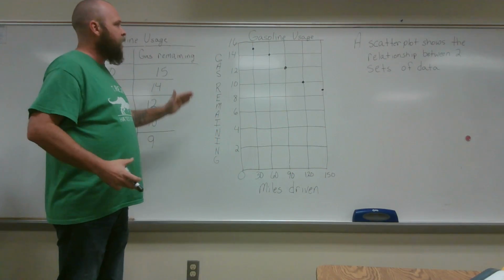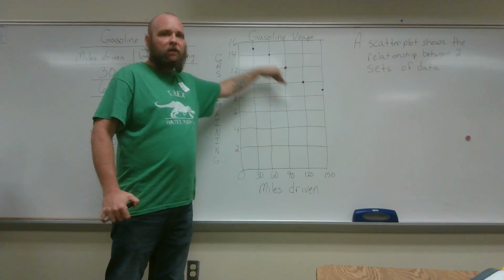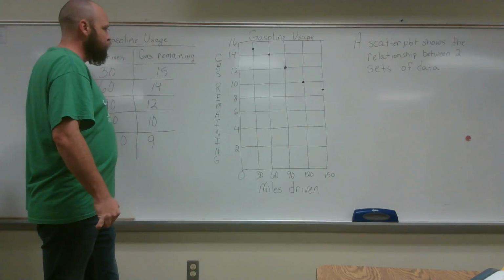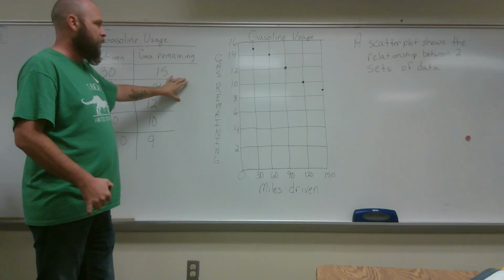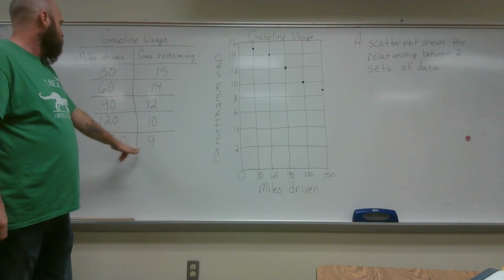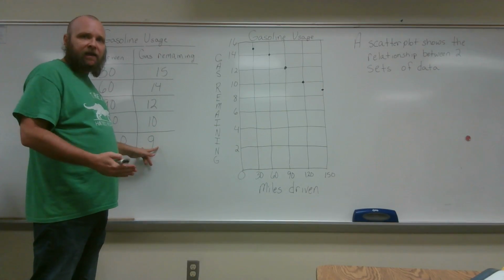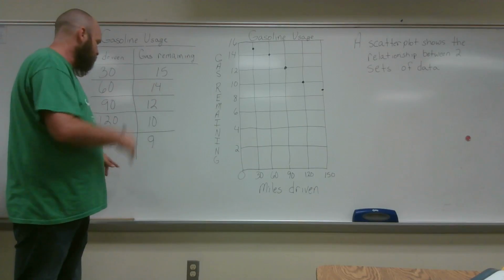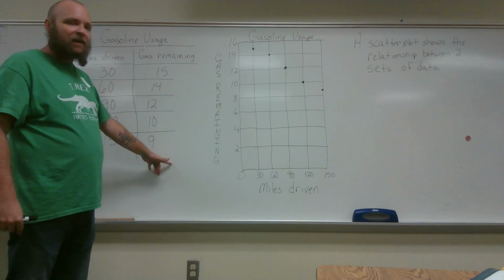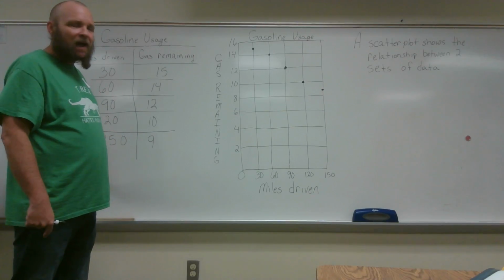So you can see on this scatter plot, it's pretty consistent. I would say there's a direct relationship between miles driven and gas remaining. Knowing if we drove 150 miles, we have 9 gallons left, we could make an educated guess, a hypothesis, using the data, that if we drove 180 miles, we'd probably have somewhere around 7 gallons left.